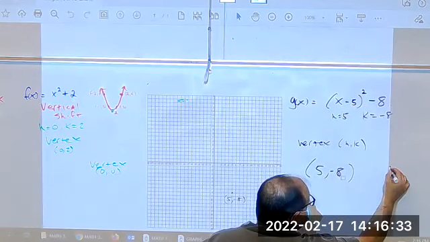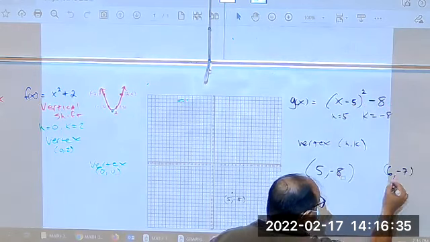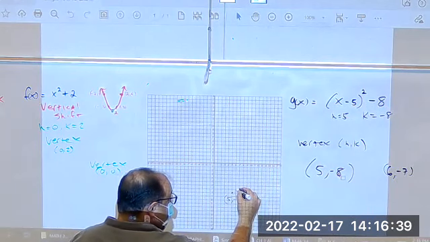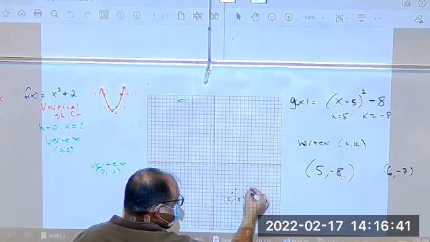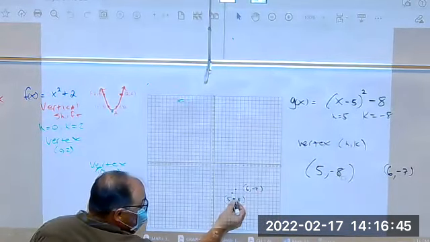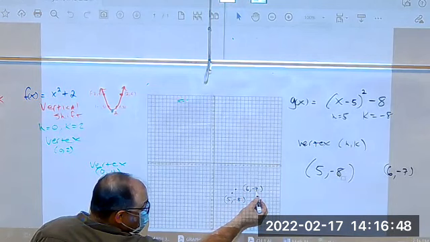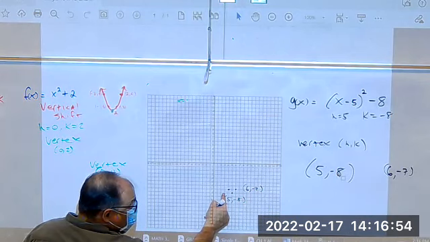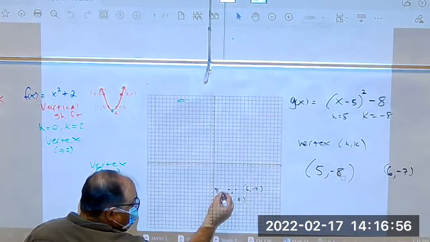So when you plug in 6, we get negative 7. That means if I go 1 to the right, y is negative 7. So if I go 1 to the left, if you're at 5, then 1 to the left would be 4, negative 7.